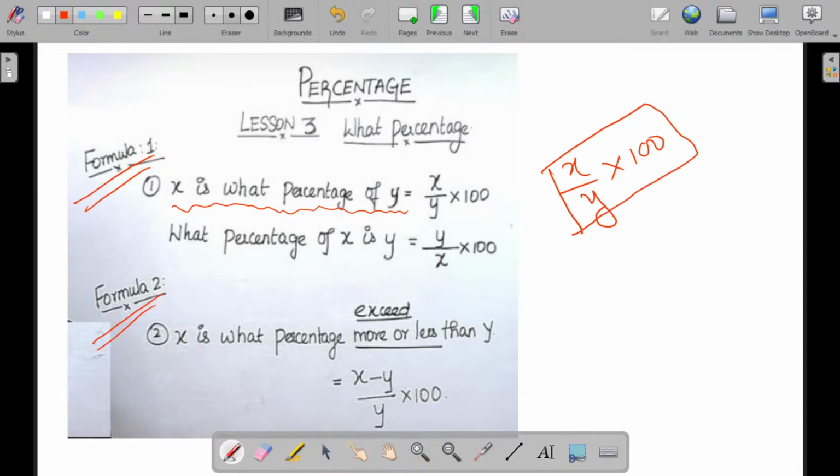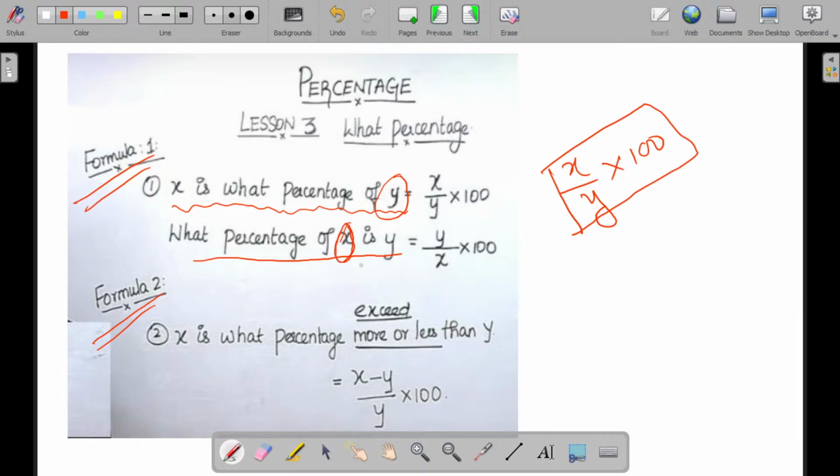In such cases, suppose in the problem, if you find a problem statement of x is what percentage of y, so that is x by y. So the y will come in the denominator. Okay, x is what percentage of y, then what percentage of x is y.